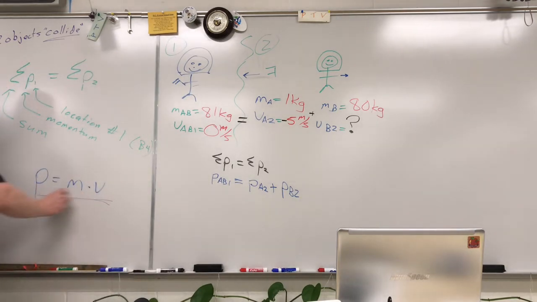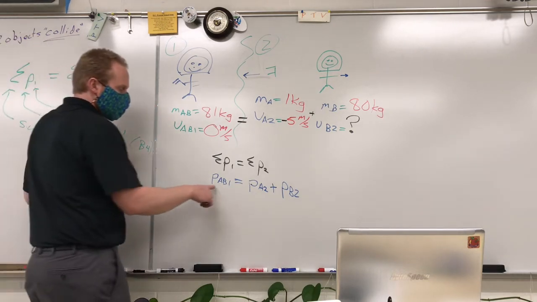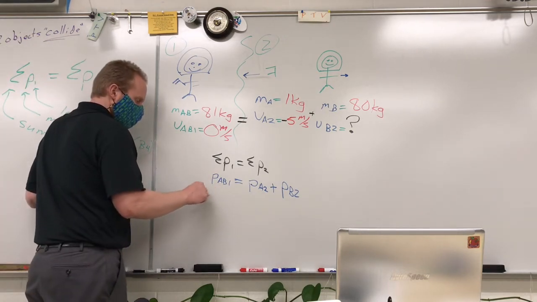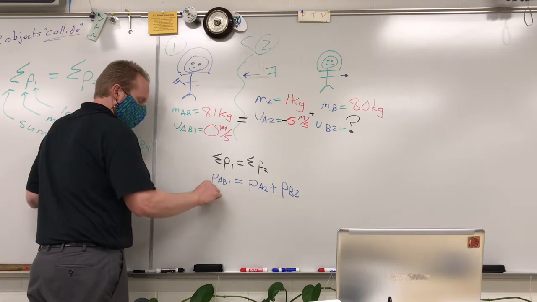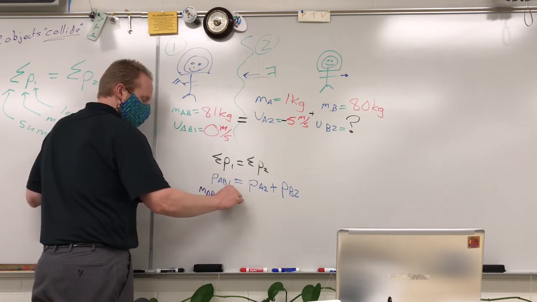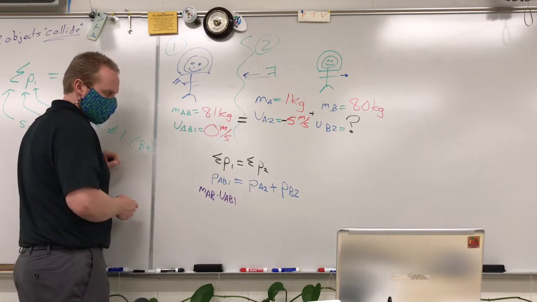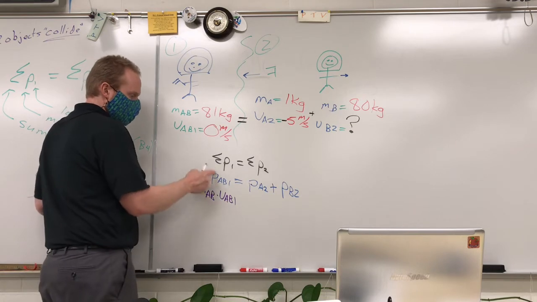Remember, our equation for momentum is mass times velocity. That's why I put mass and velocity. So PAB1 is simply the mass of object AB times the velocity of object AB before the collision or interaction. That's the momentum of AB before.